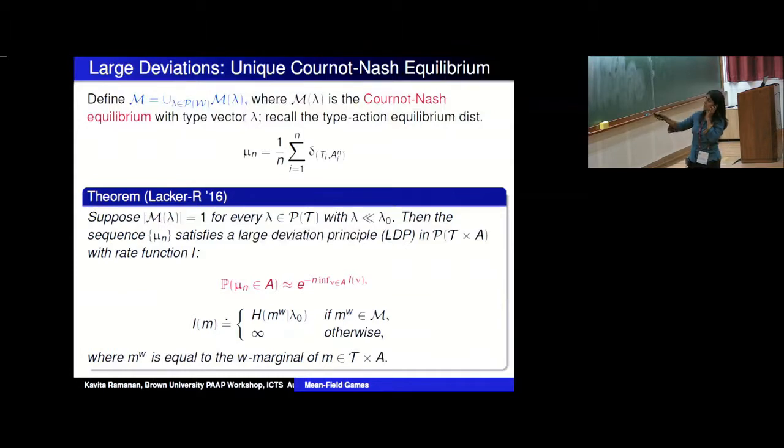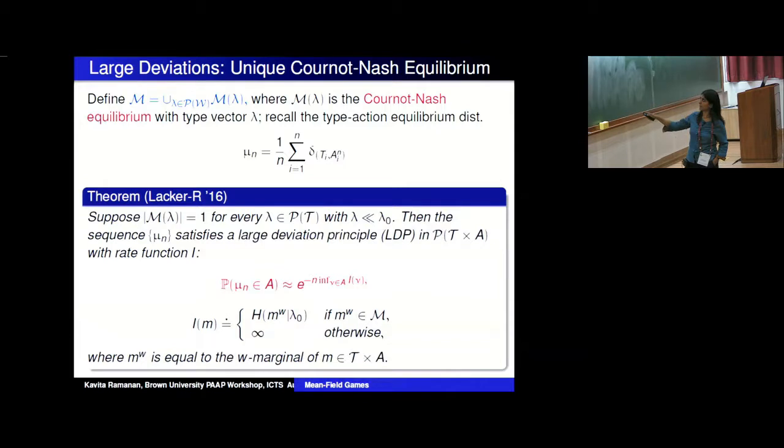Okay, then the sequence mu n satisfies a large deviation principle in the space of probability measures on type cross action with a rate function I, which has a relative entropy component. So what does it say? It looks at m, the first marginal of your m.